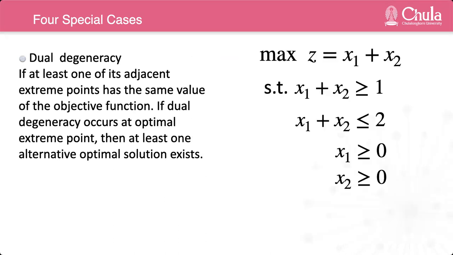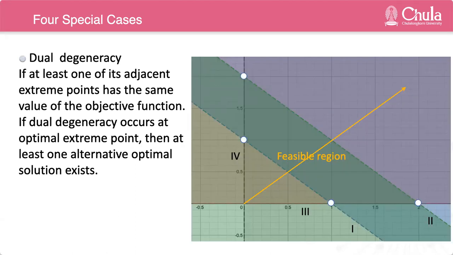Why? Because if you look at the coefficients of the objective function, they are exactly the same as the coefficients of the constraint, right? So they should be in the same direction. That means this gradient is perpendicular to this constraint.